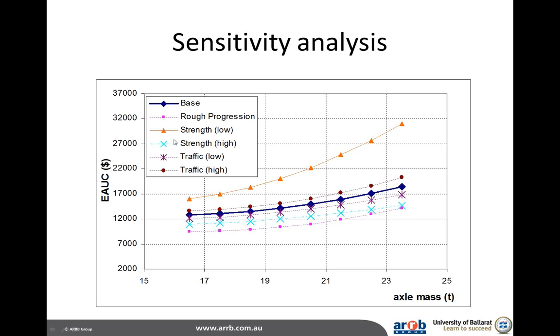Coming back to strength, an increase in pavement strength brought about a slight decrease in total cost and a slight decrease in marginal cost. You can see that the gradient there is slightly lower, particularly up at the high end. And a decrease in strength produced both a higher cost and a higher marginal cost. So it was found that a decrease in strength was what this model was most sensitive to.